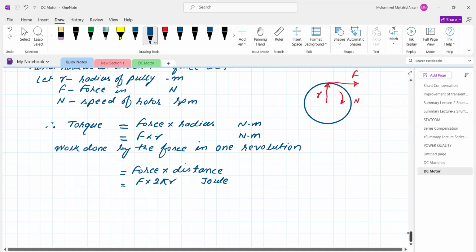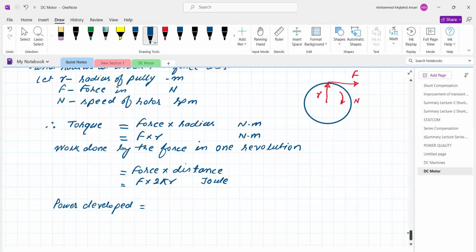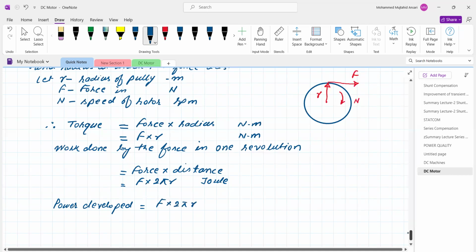Therefore, power developed is equal to force multiplied by 2 pi r into N, in joule per second, and it is written as watt.